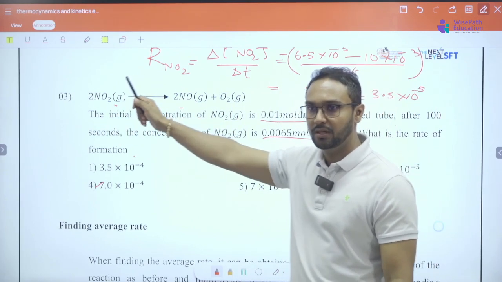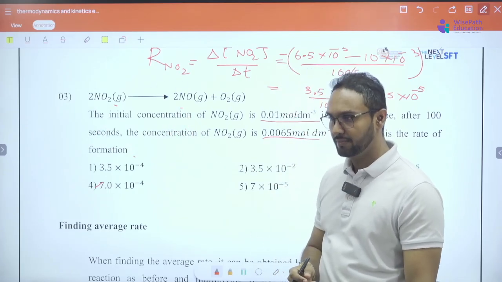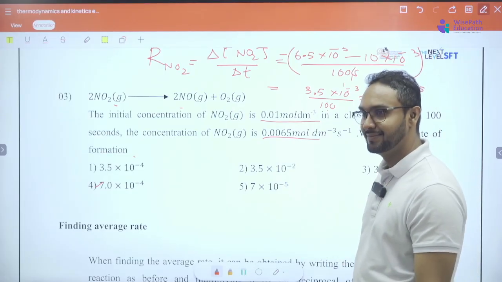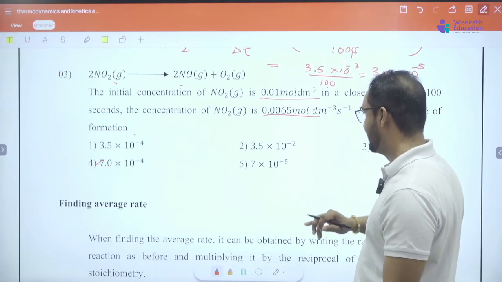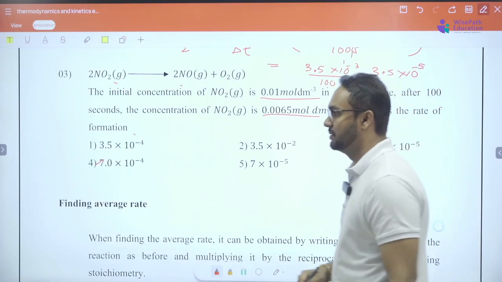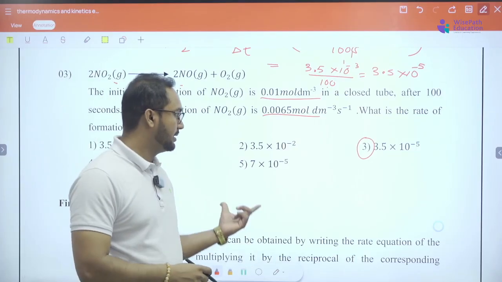So 2 to 1 means the rate of formation is half of it. Get it? Very good. So the answer is 3.5 into 10 to the power minus 5.